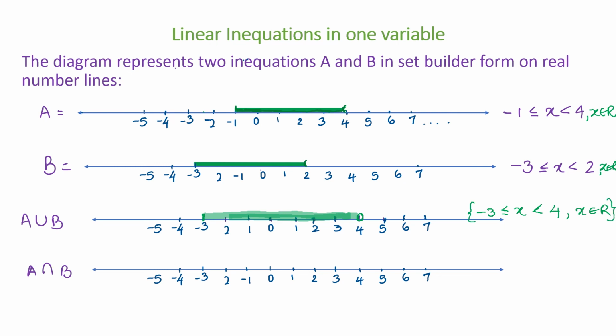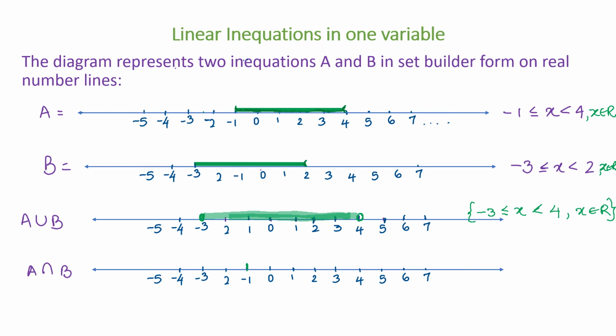When I talk about A intersection B, I am looking at all those elements which are common in A and B both. They should be in A and B both. So if you see from here to here, this is what is common. In this, -1 is a part of A intersection B. This is going to be a dark circle.